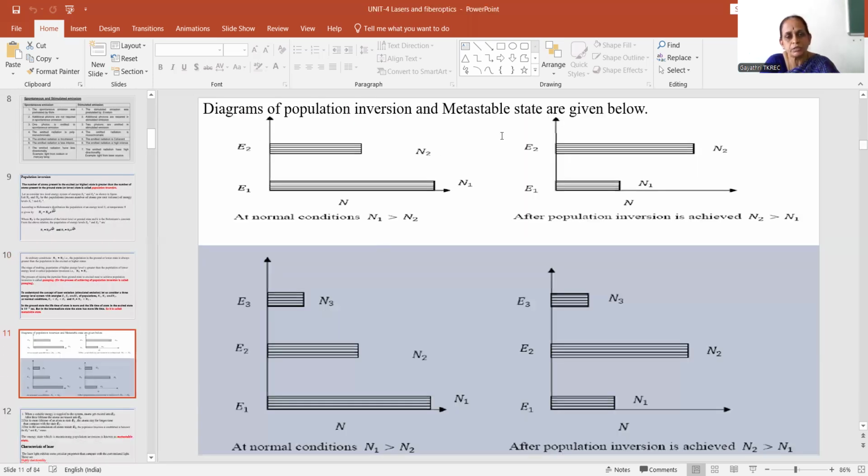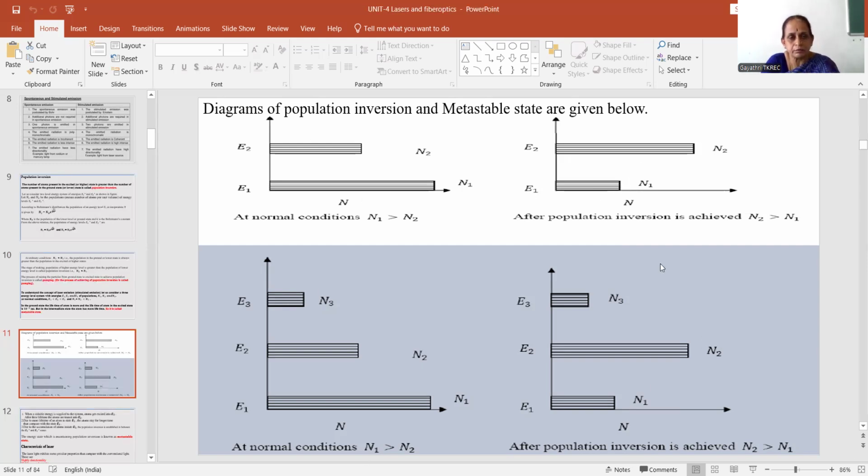Here, at normal condition, N1 and N2 are the number of atoms, or the population, present in energy states E1 and E2. N1 is greater than N2. From this diagram, it is clear. Now, after population inversion, what happens? The population of the higher energy state will be more than the population of the lower energy state.